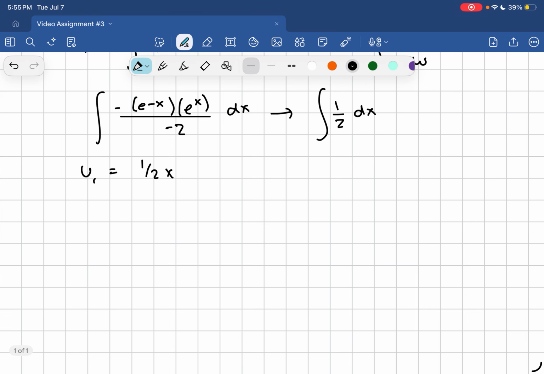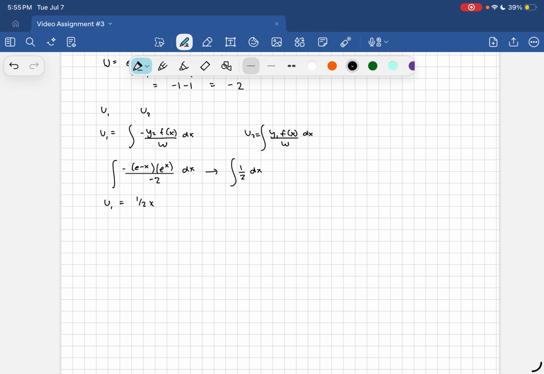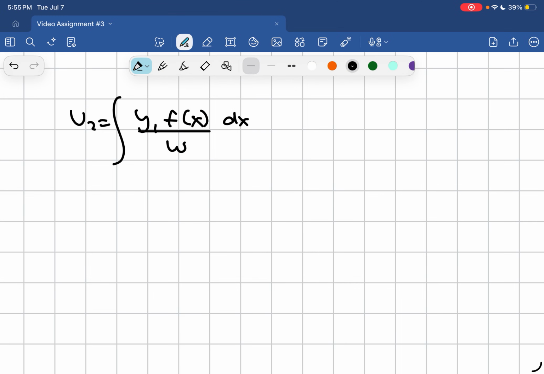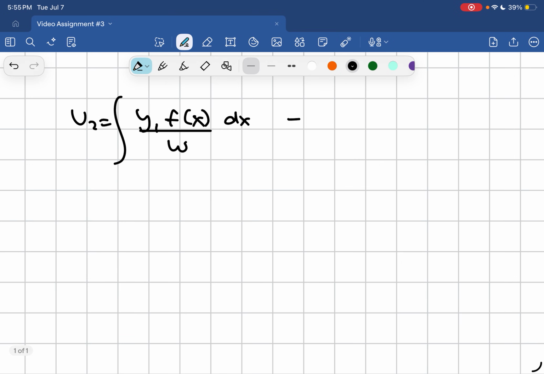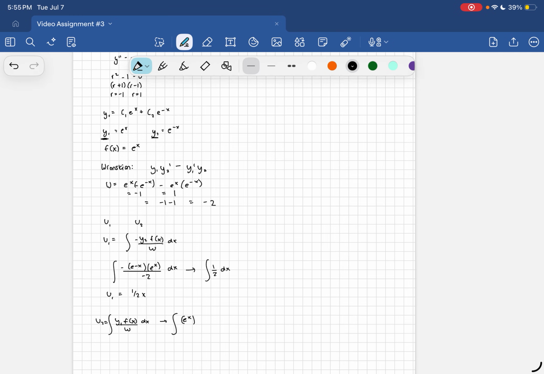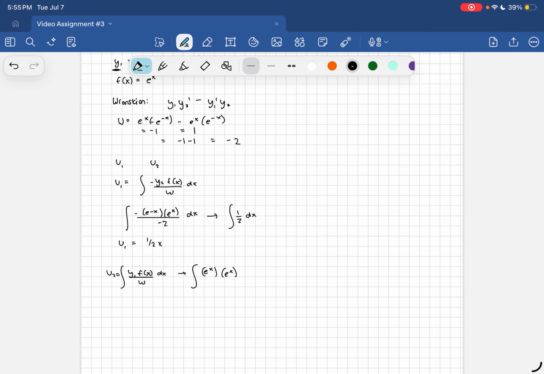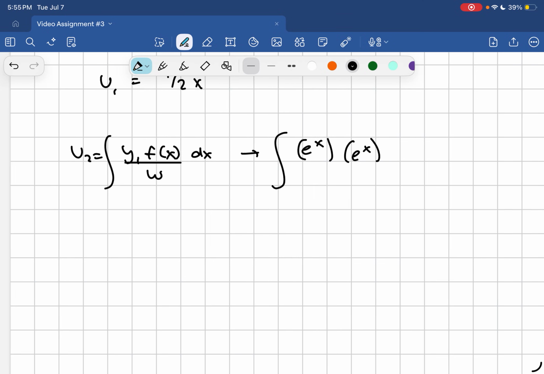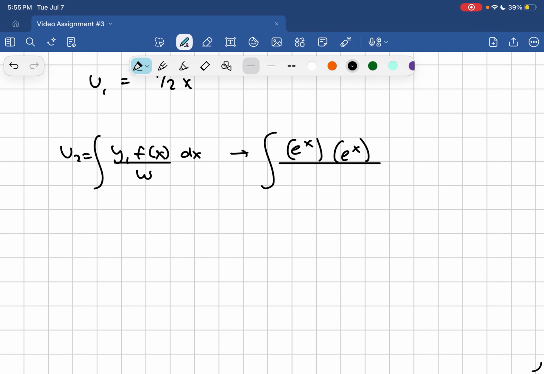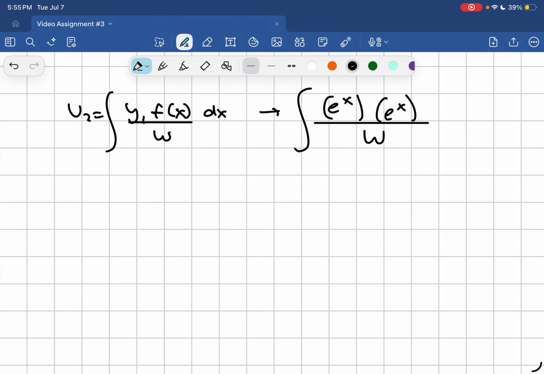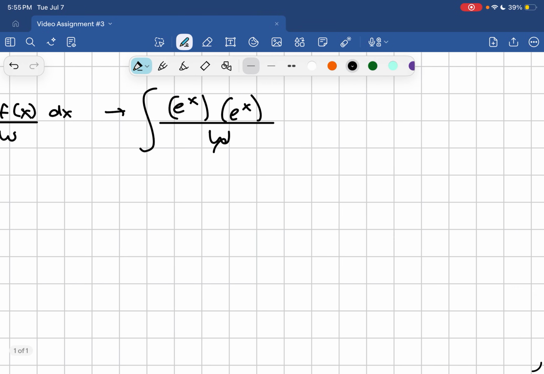And then now we want to solve for u2. Substituting everything in, we get the integral of y1, e to the x, times e to the x, all over W, which is -2.